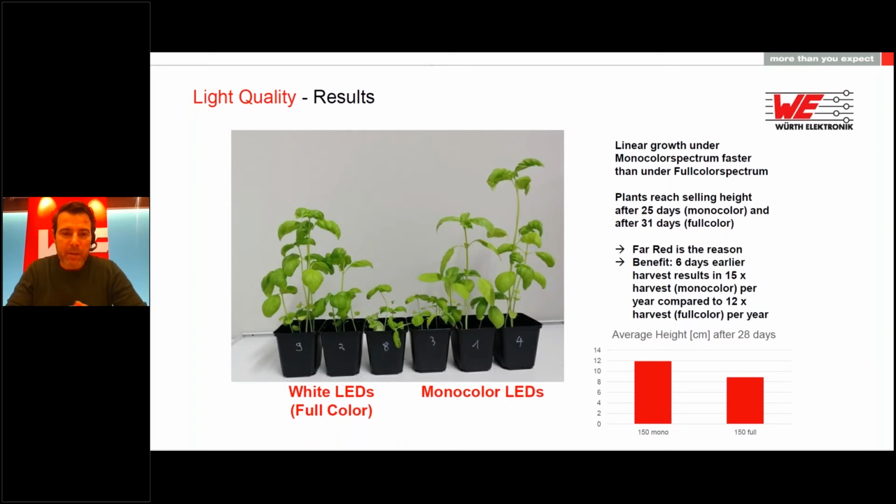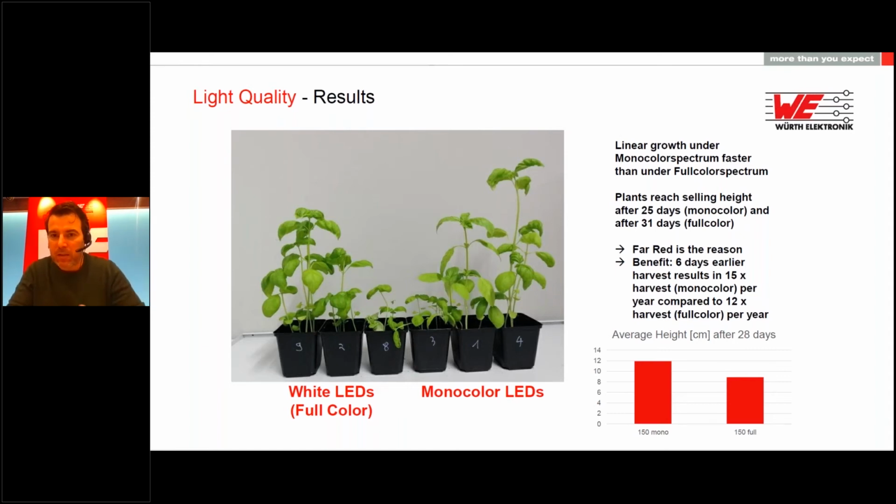So here we have just one experiment where we have seen the average height when we use the monospectrum, so to say the red-blue solution, and full color, which is the white solution. We see that with a monospectrum we get higher plants.